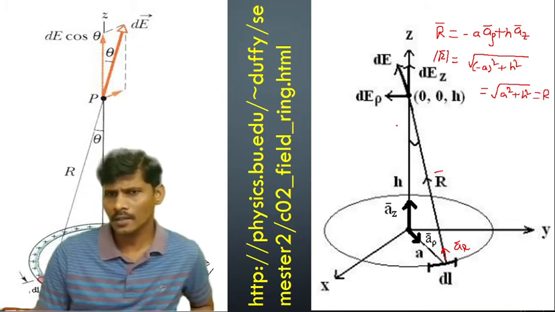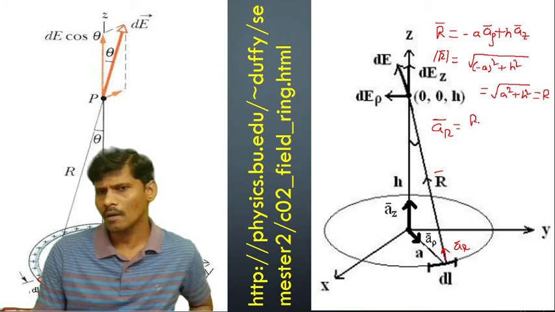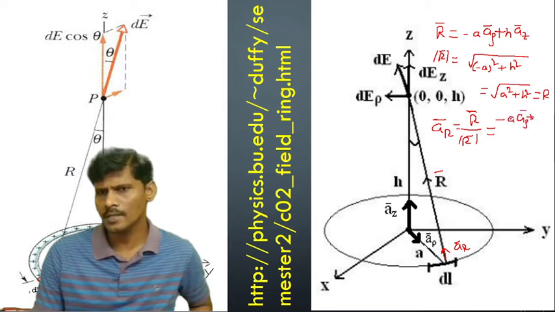And next, calculate the unit vector. So what is the unit vector? a suffix capital R bar is equal to R bar divided by the magnitude of R bar. So what is R bar? Minus a a rho bar plus h az bar, by the magnitude of R bar. What is the magnitude of R bar?